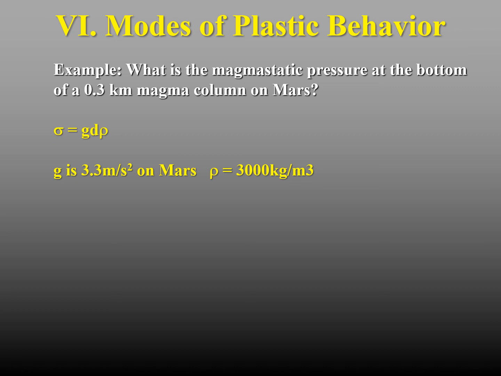We're going to assume that the magmas have a density of 3,000 kilograms per cubic meter. Remember, the gravity on Mars is 3.3. Now remember, to get your units right, I gave you 3 kilometers. You might have to change the unit on that.